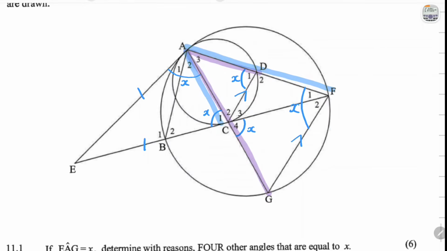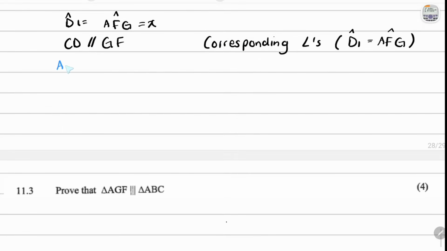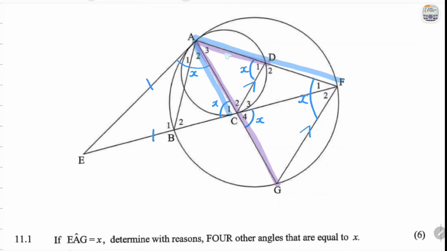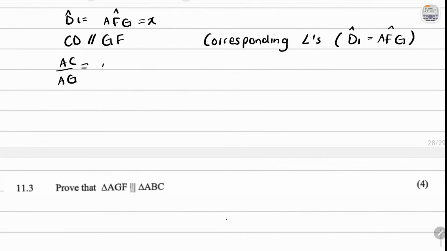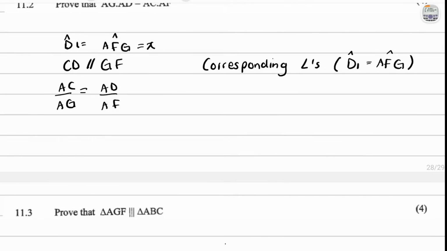Okay, so we can see the lines that they used. We're going to take it as AC over AG because those are the lines that were mentioned. So AC over AG is equal to, okay, it's in proportion, so is equal to AD over AF. Then tell them the reason: because we have a line parallel to one side of the triangle.